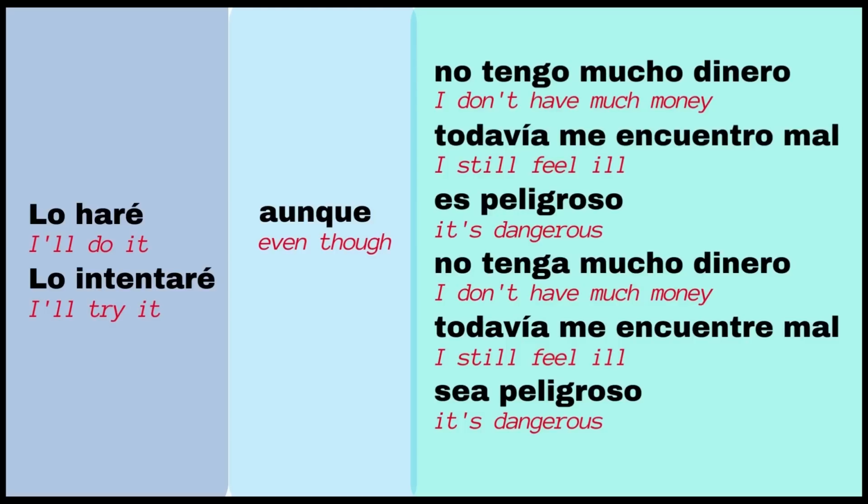Vale, entonces, aunque cuando es even though, utilizamos el indicativo como no tengo, o me encuentro, o es. Pero cuando el significado es even if, entonces hace falta el subjuntivo.